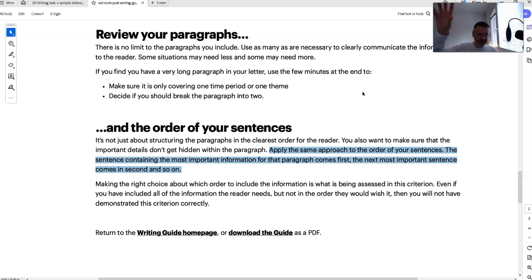Your paragraphs: purpose first, history if required. If it's urgent, that's paragraph 2. If it's chronological, history, visit. If it's a theme, if it's urgent, that's paragraph 2. So that's the organization of your paragraphs, but also the sentences in the paragraph: the most important information for that paragraph comes first.